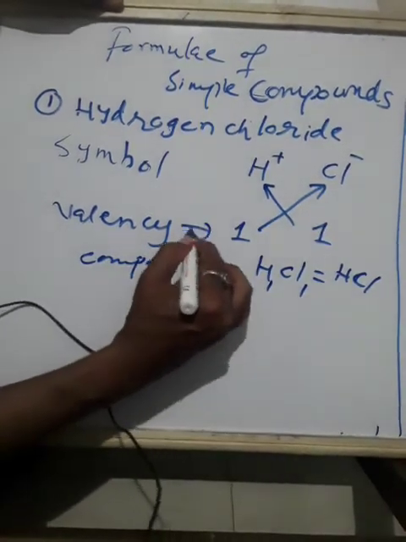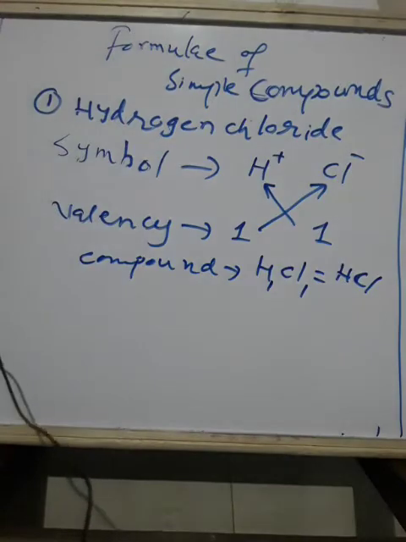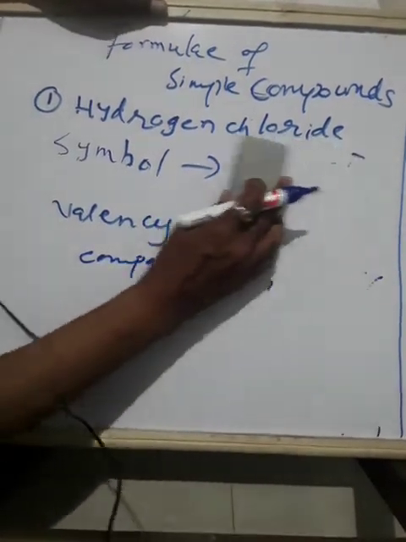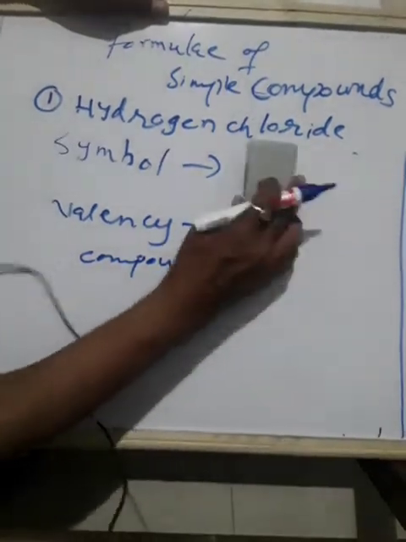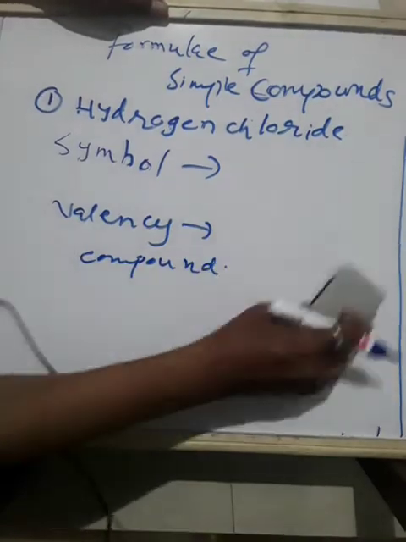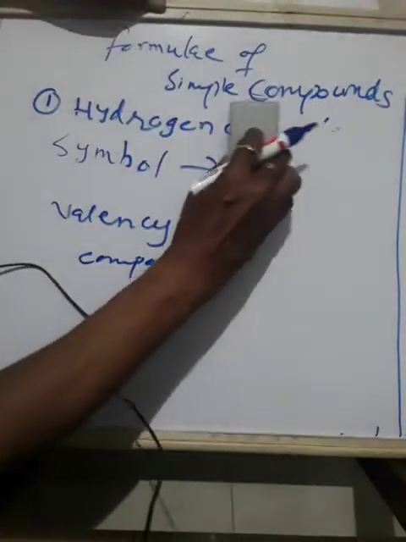Same case we will try for hydrogen sulfide. So what is hydrogen sulfide? The atomic number of hydrogen is 1 only. Hydrogen sulfide.